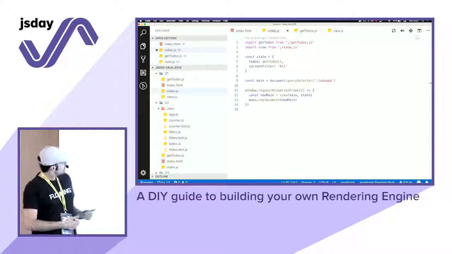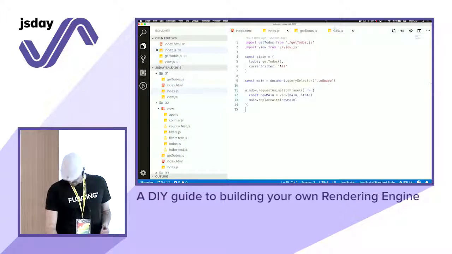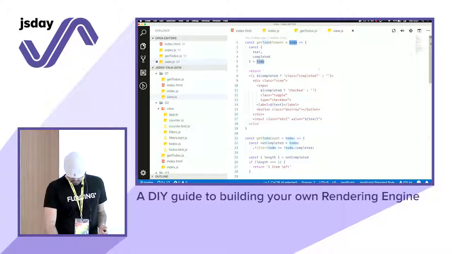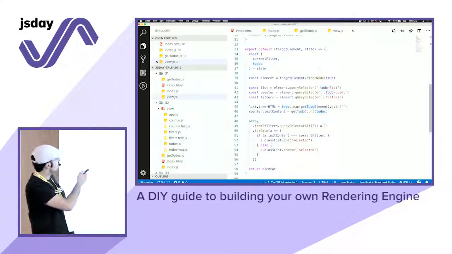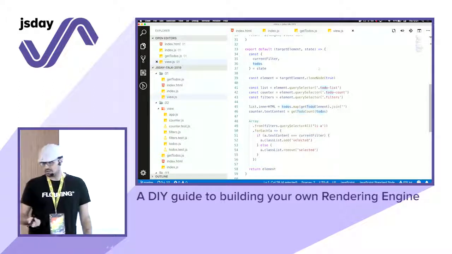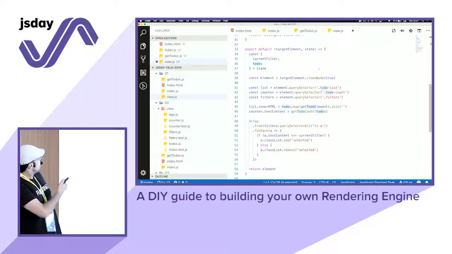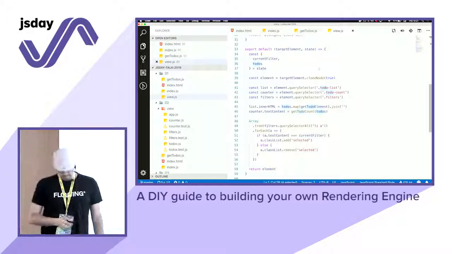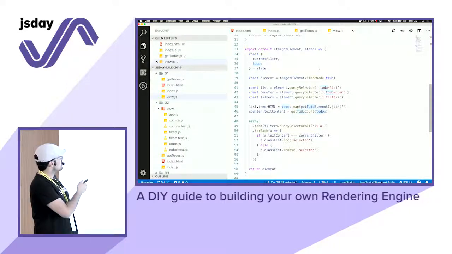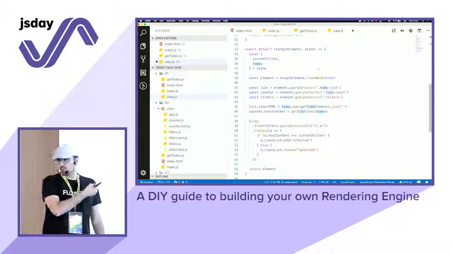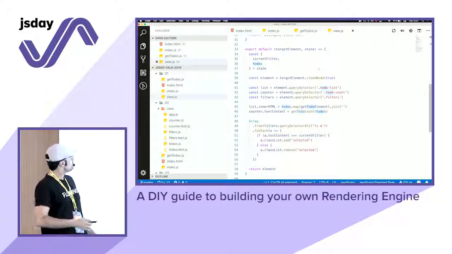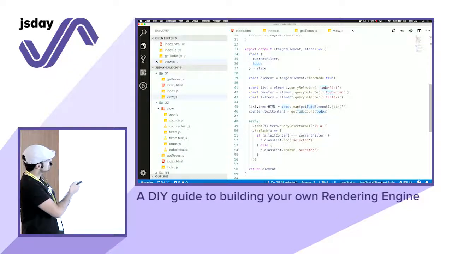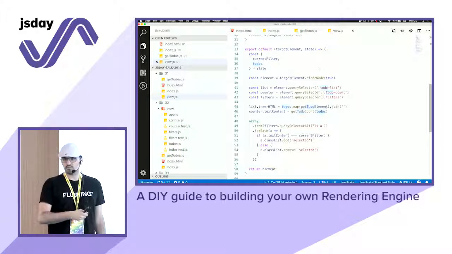Let's take a look at our view function. You can see it's a function of the target element and the state, as I said. I extract the data from the state. I clone the original element. The true word means deep. I clone it deeply with all the children. Then I choose 3 elements on the DOM: the list, the count, and the filters.